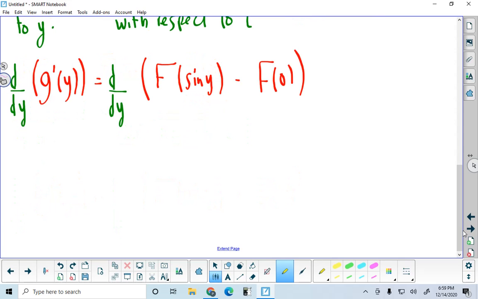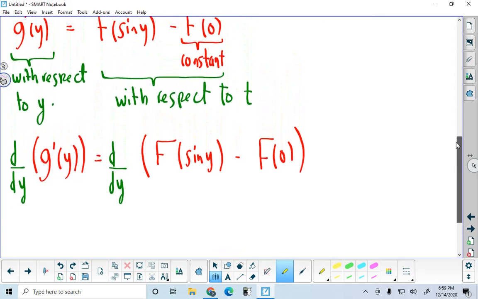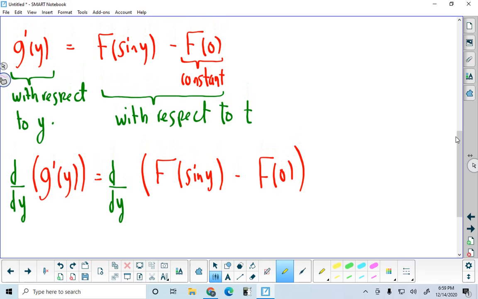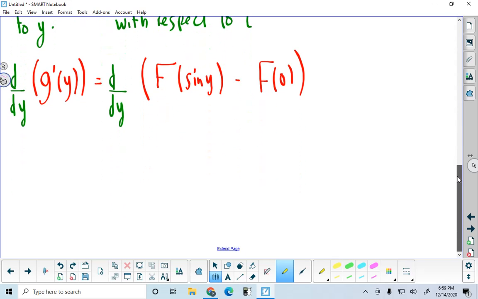The stuff in red on the left side has a variable of y, and the stuff in red on the right side has a variable of t. We want g double prime of y, so we have to differentiate with respect to y. This is the meat of the problem here. Since you want g double prime of y, you've got to be differentiating all the time with respect to y.